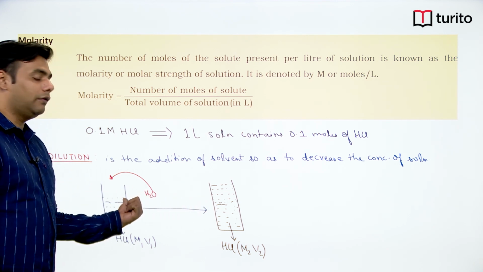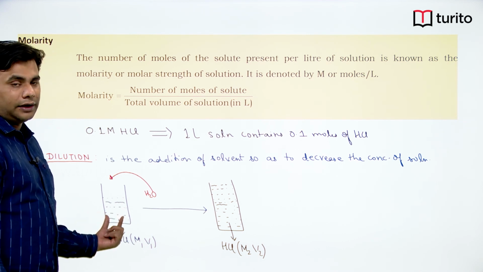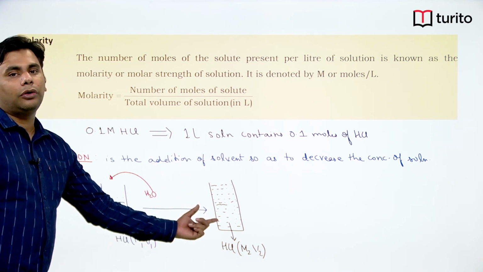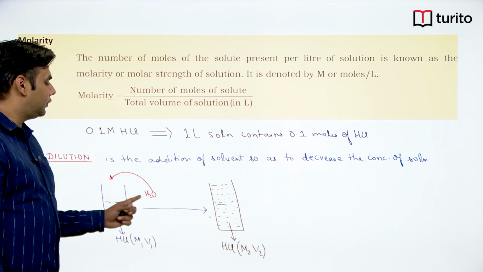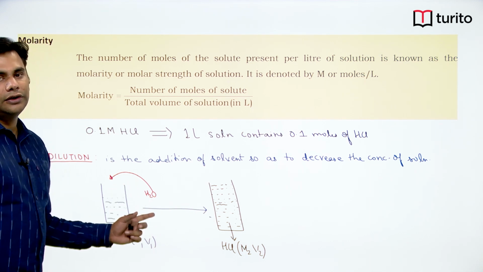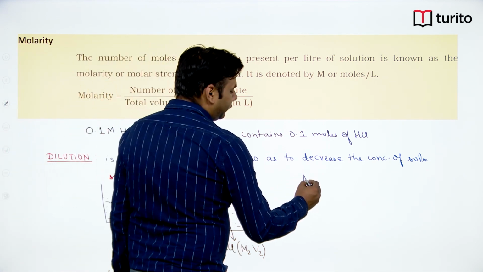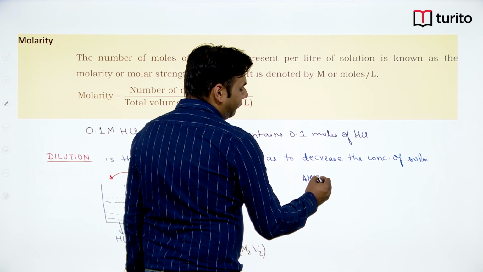When we are adding solvent to the system, the amount of solute that was present over here will still be equal to the amount of solute that is present over here, because we are not adding any solute to this solution, we are adding only solvent. So while dilution, the amount of solute remains constant.